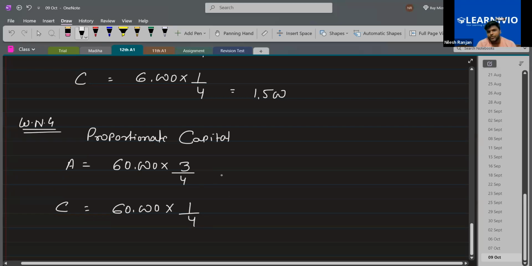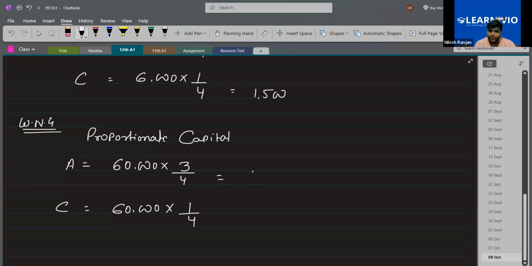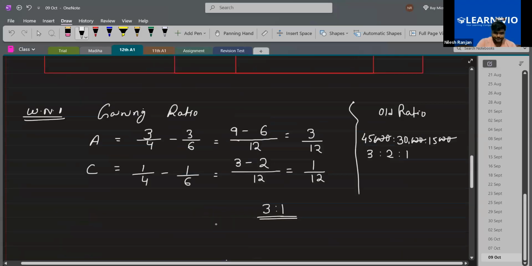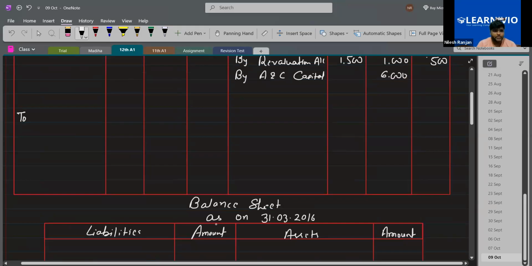So whatever the new ratio, we multiply the new capital with the new ratio so that our new proportionate capital is calculated. So 45,000 and 15,000 here. This proportionate capital will go here in balance CD, 45,000 and 15,000.